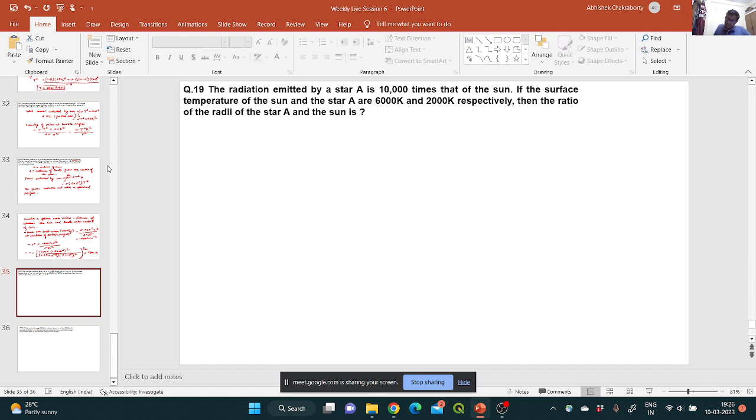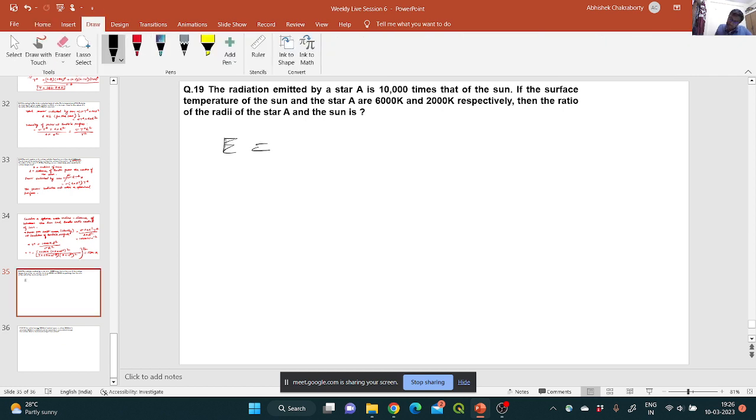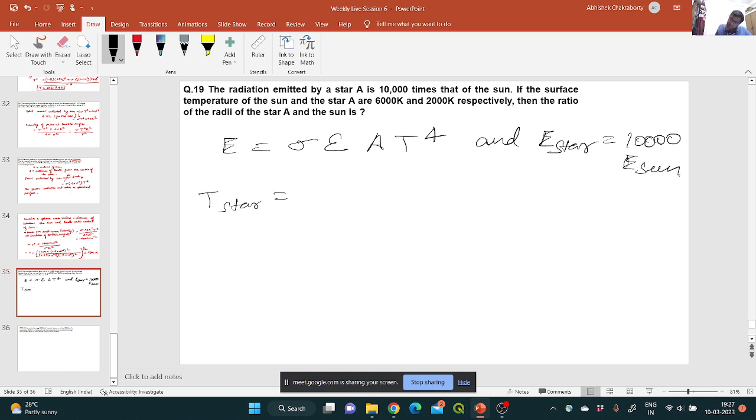So what's given is, I mean, we know that we have to use this fundamental equation. E is equal to sigma epsilon A T to the power 4, and E star is given as 10,000 times E sun. T star, let's denote it as T1.